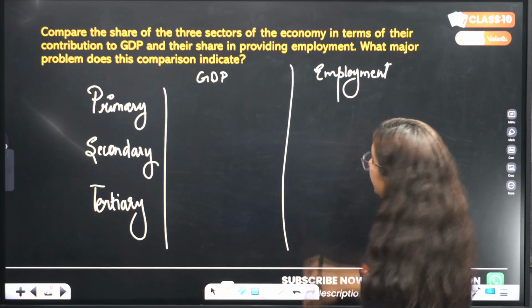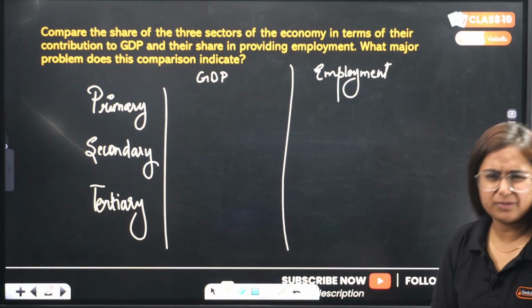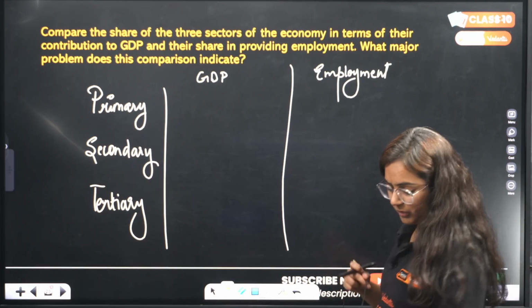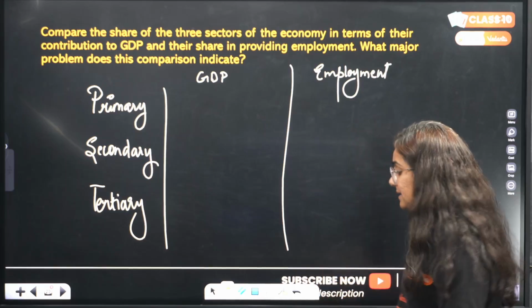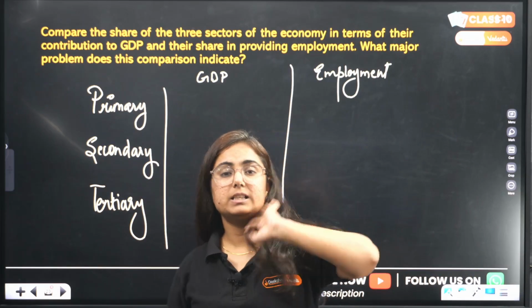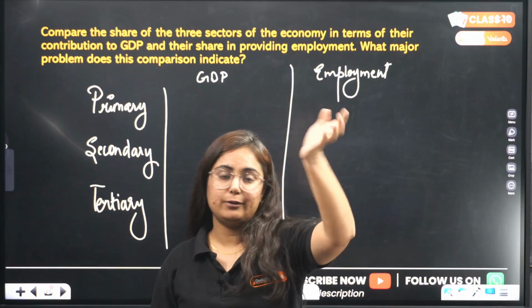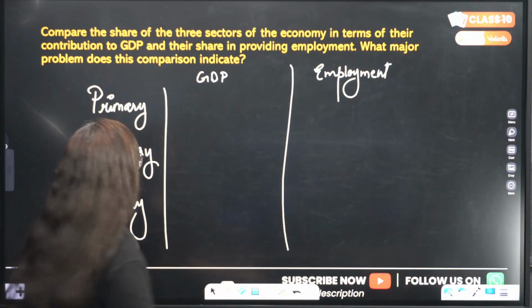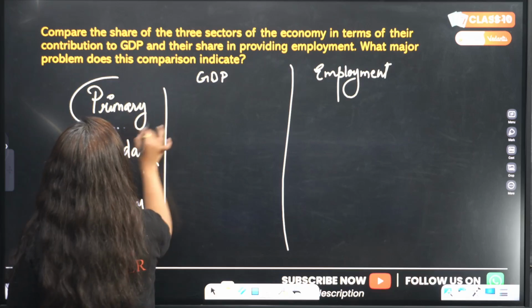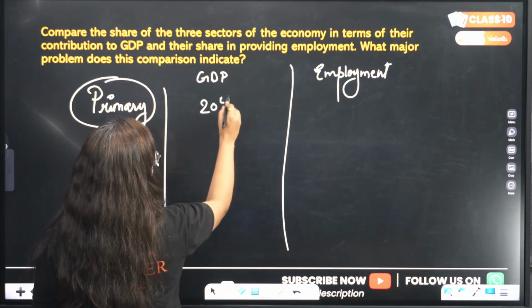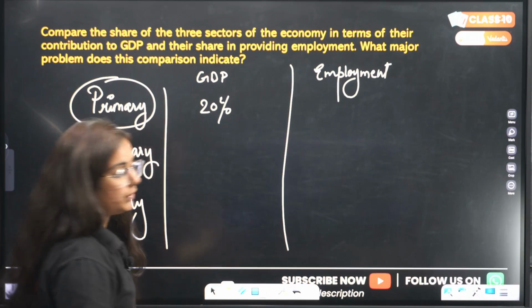There is a chart given in your book. I am going to give you a rough reference. If I talk about primary sector, I am talking about the figure in the NCERT for decade of 2007 to 2017, it's not updated, but I am giving you rough data that GDP's share in primary sector might be somewhere 20%. Okay, 15 to 20%.